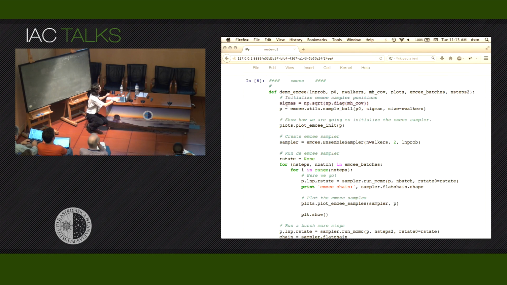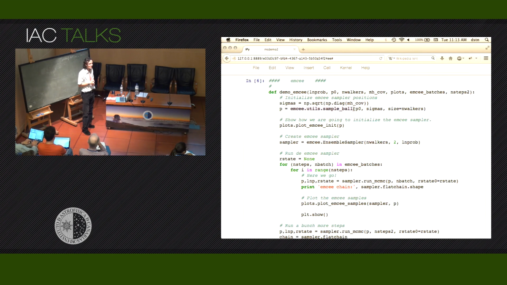Here, I'm just using a single standard deviation. So there's a little built-in utility that says I want to start at a given point with a given standard deviation. So, just draw a bunch of samples within that ball to be the initial points for the walkers.